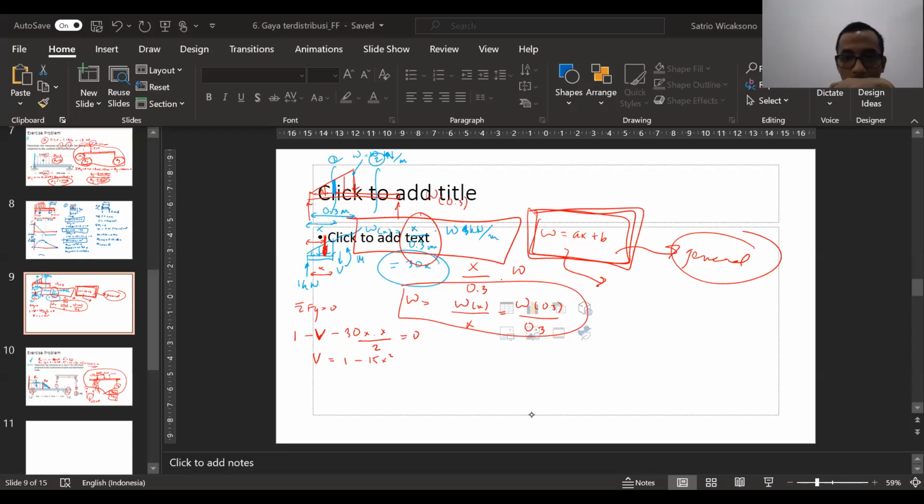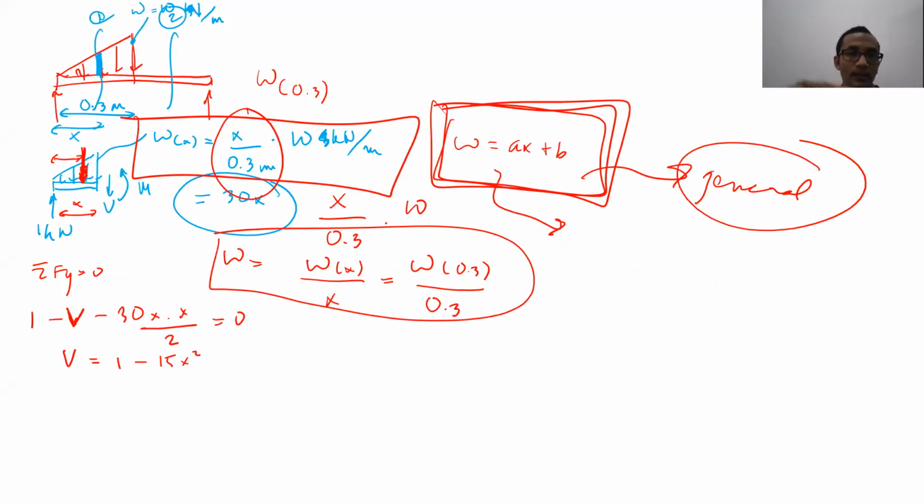If you want to do the calculation for the moment of this one, then we have to use 1/3 from the right or 2/3 from the left: 2/3 from the minimum, the 0 value, and 1/3 from the maximum value.